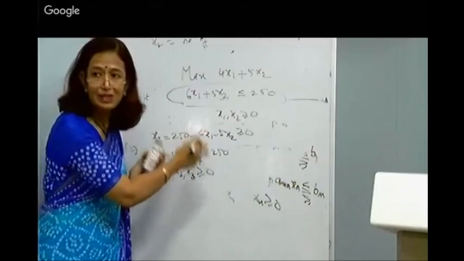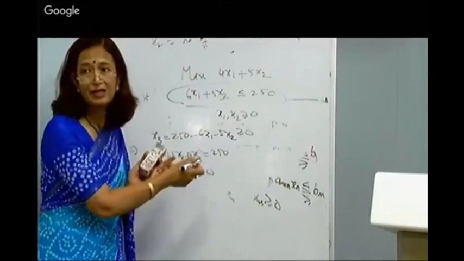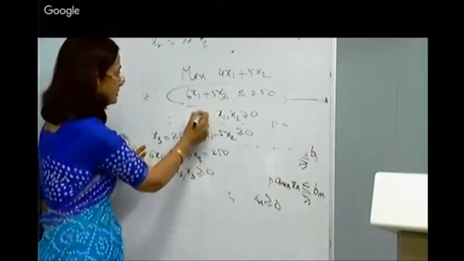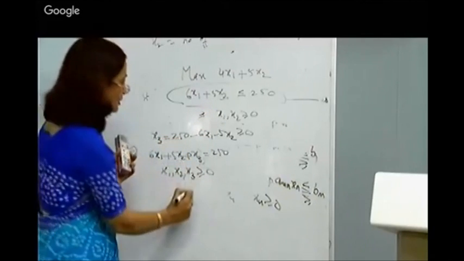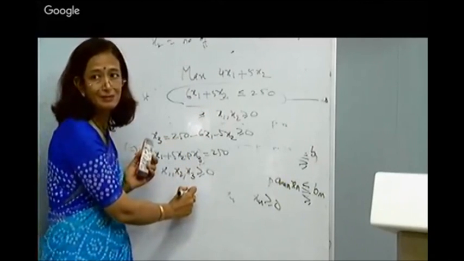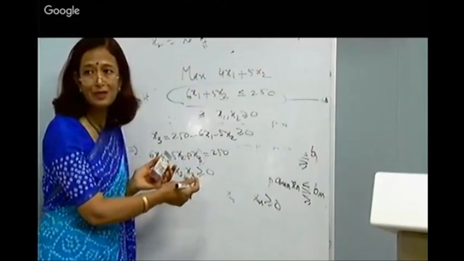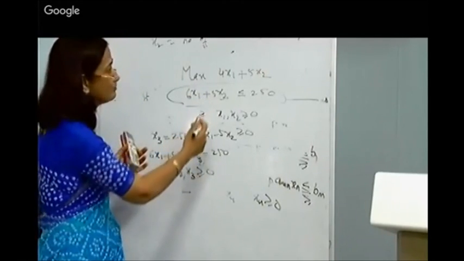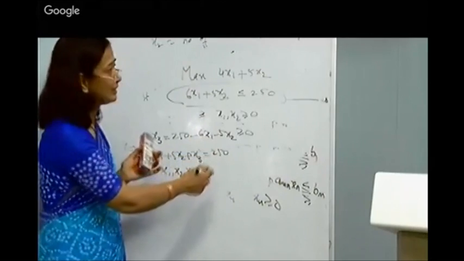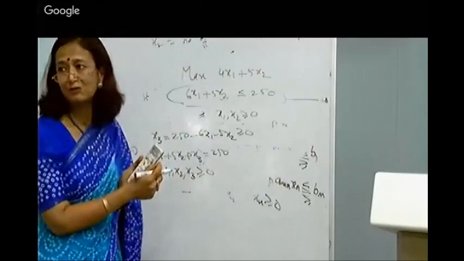So you are introducing slack variables for constraints which are less than or equal to type. Similarly, for constraints which are greater than or equal to, you are going to subtract something, called surplus variables. Therefore the whole system of inequalities can be converted to a system of equations.